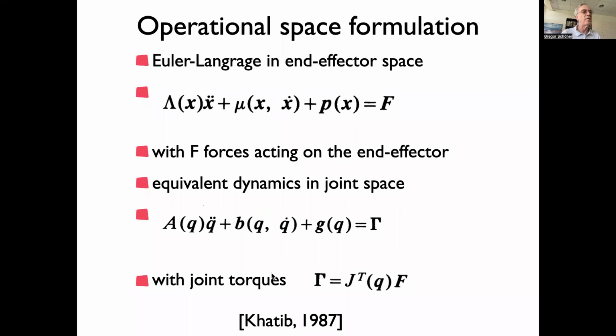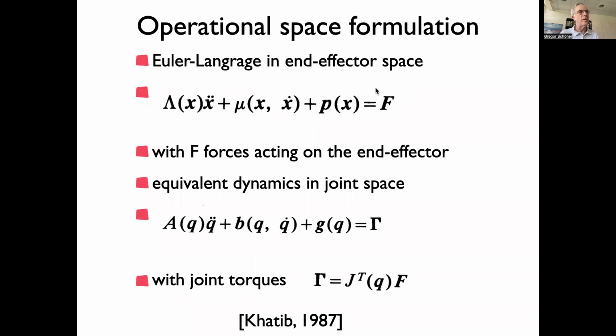And so there is a famous work by someone called Oussama Khatib, who also invented the potential field approach, the same guy, who made a general framework for how to do that. That is, he showed how you can write down something like the equation of motion in end effector space. This is for non-redundant arms, so it's a one-to-one mapping for these two.